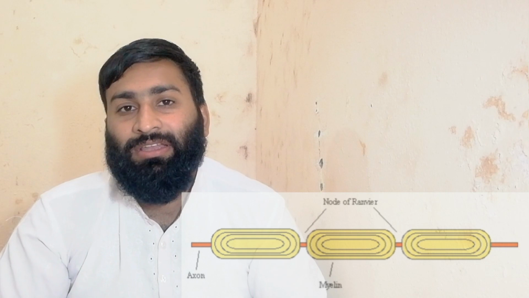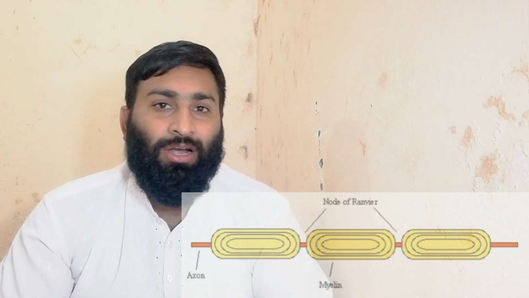Myelination means the axon will depolarize quickly because the speed of the nerve impulse will increase due to myelination of the axon. The nodes of Ranvier occur, and the distance for depolarization will be decreased. The jumping, known as saltatory conduction, will increase.